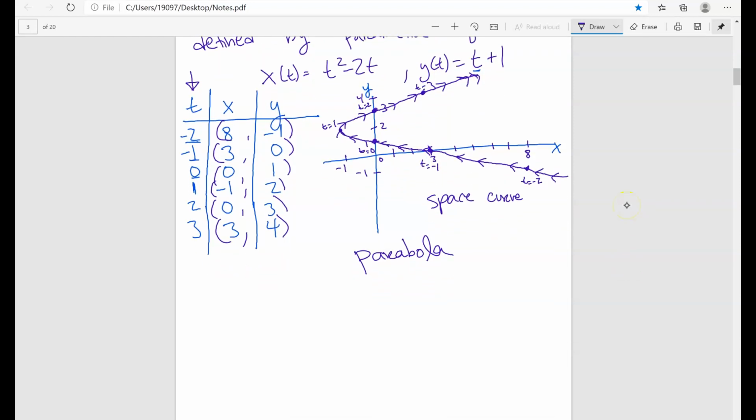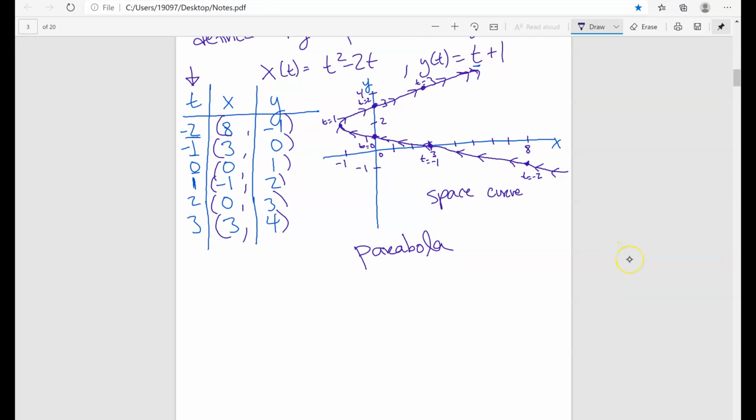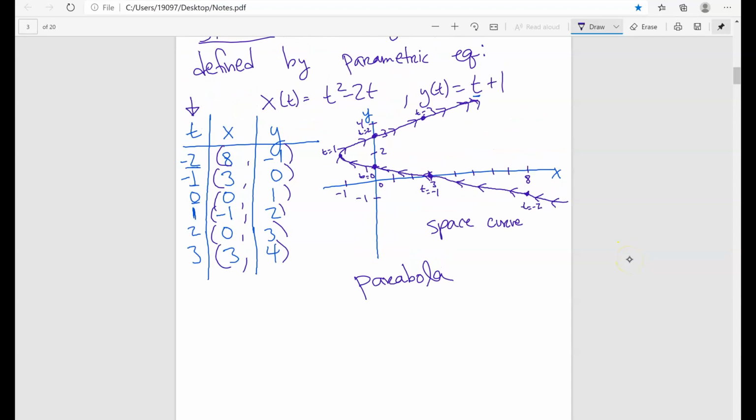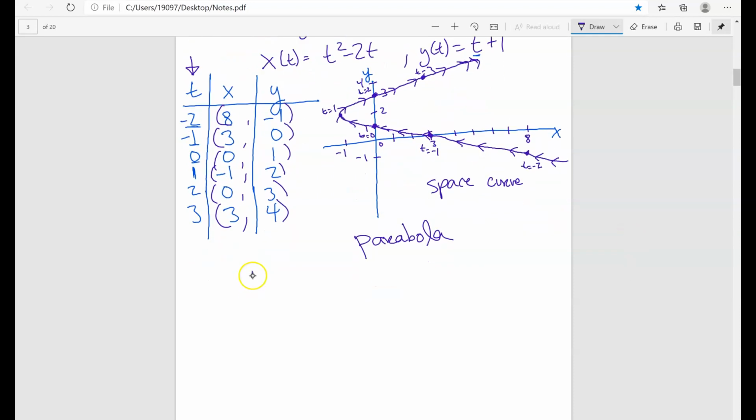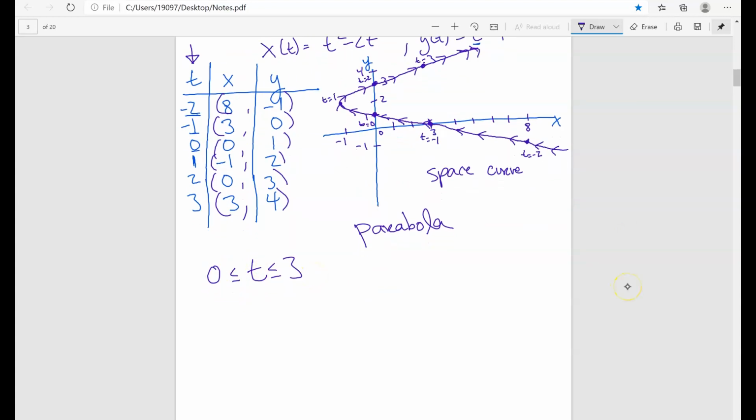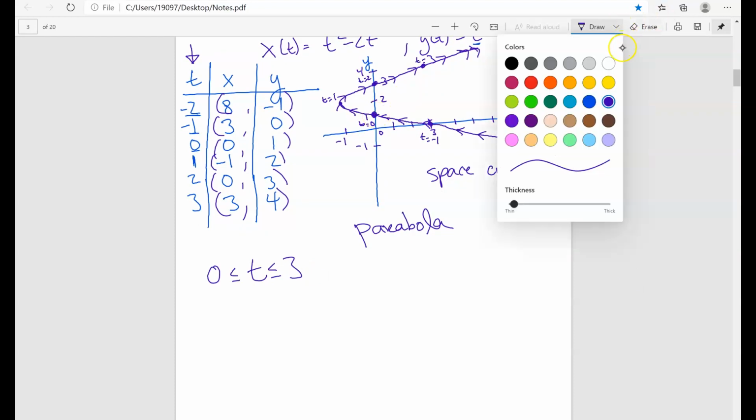Now let's say you wanted to find, actually, before I get to that, let's say you wanted to restrict this. So sometimes you're going to get a restriction on t. So maybe the t is only going to be between two numbers, maybe from 0 to 3. Well, if it was from 0 to 3, then that means we're only going to get this part of the graph. So let me put it in a different color.